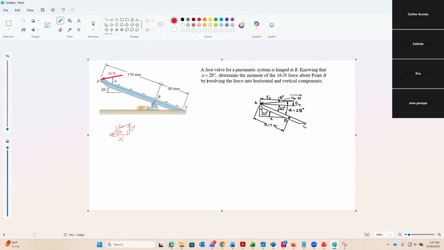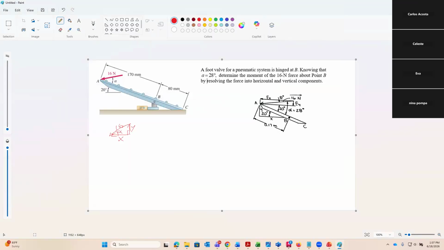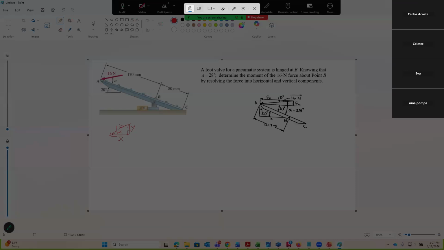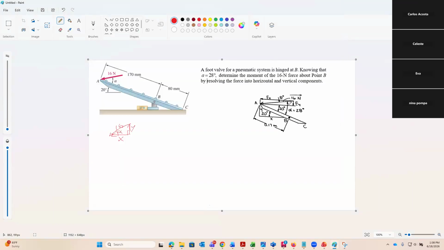Okay, so this is for the homework, so I'm going to provide the angles. Oh no, I already have it here. So notice that alpha, if you follow this, this whole thing is 28.